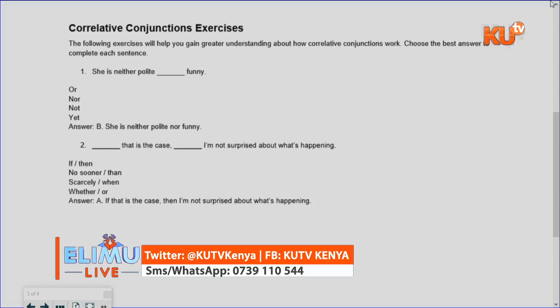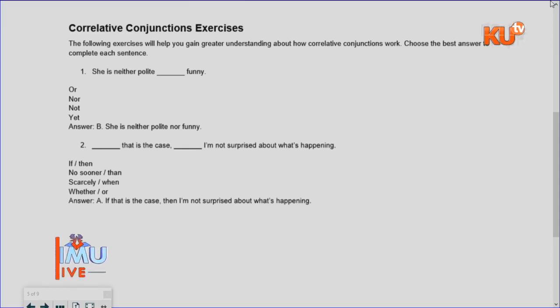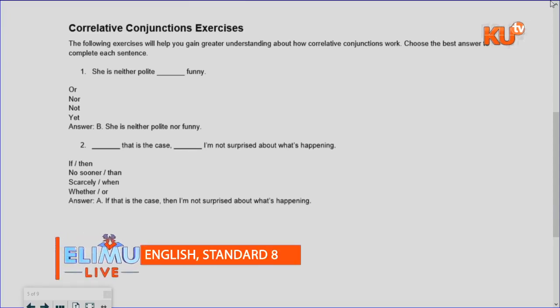Those two are independent clauses. Correlative conjunctions do not join together dependent clauses. Dependent clauses are joined together by another type of conjunctions that I started by saying, which is the subordinative conjunctions. There's some more work.